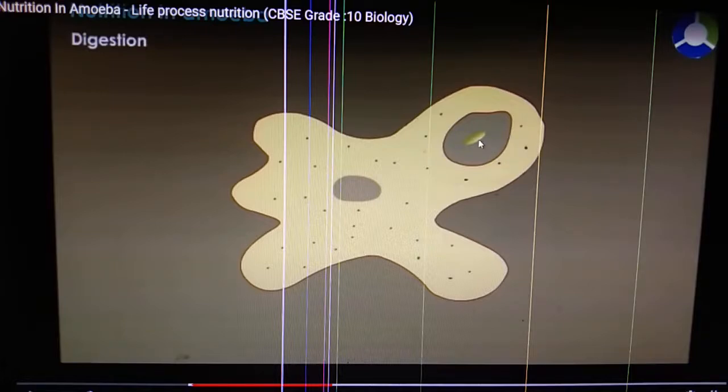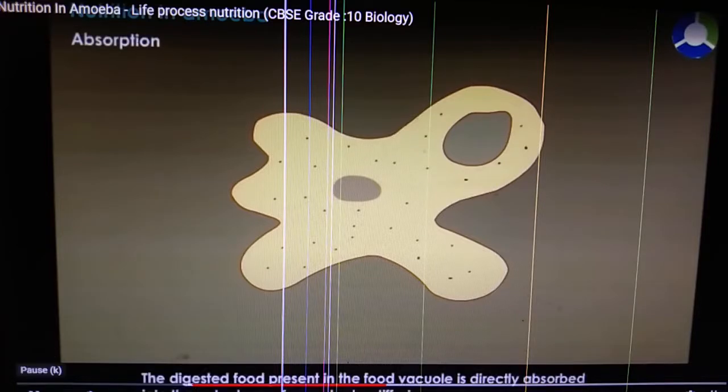Here the food is broken down with the help of digestive enzymes in the food vacuole. So this process is called digestion. After digestion, next is absorption.